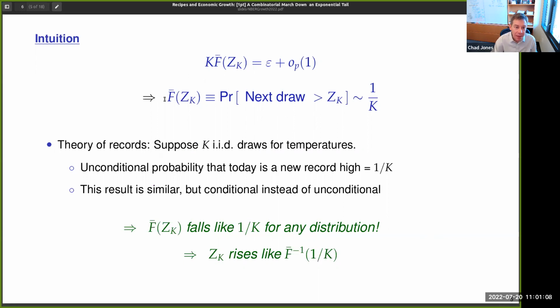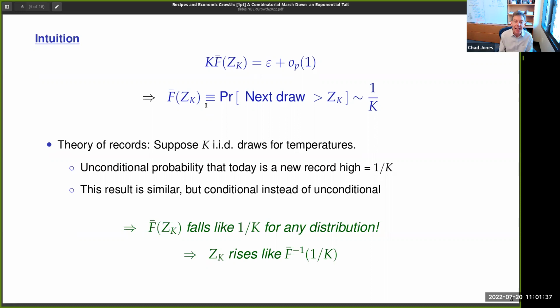If you think about what this means, it says that F bar of z_k, which remember is just the probability your next draw is larger than the current max, well, this theorem just says the probability your next draw is bigger than z_k, apart from the noise, is just 1 over k. All right. No matter what distribution you're drawing from, the probability your next draw is bigger than z_k looks like 1 over k. And this is kind of a well-known result from the theory of records.